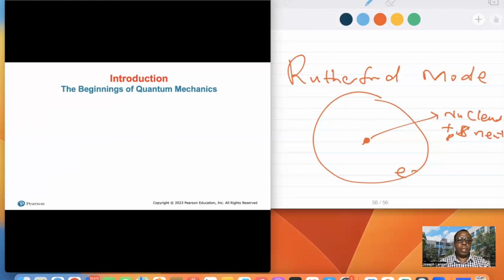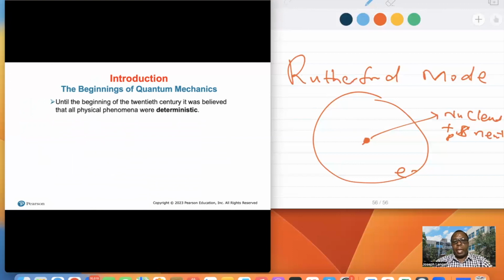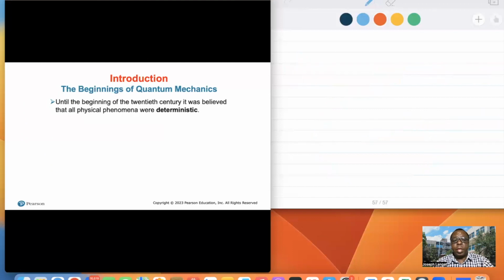So in the beginning, until the beginning of the 20th century, it was believed that matter was deterministic. What do we mean by deterministic? That means you can predict the outcome of matter.